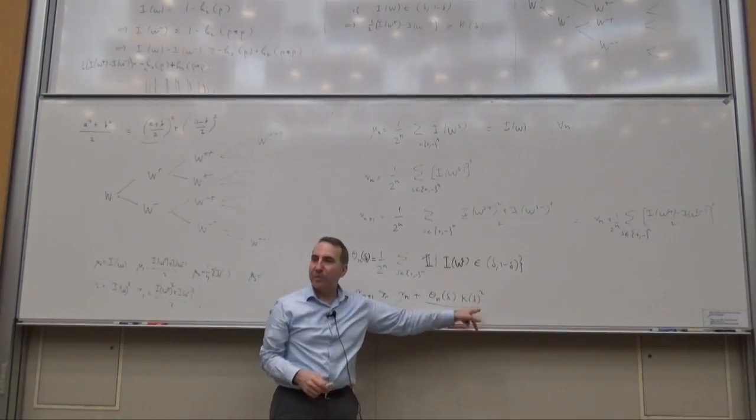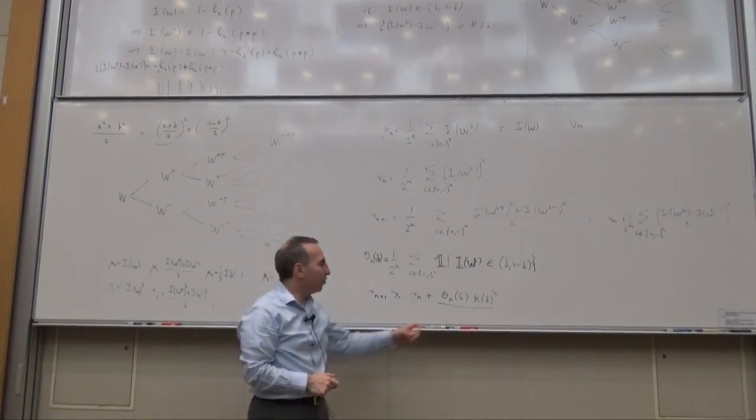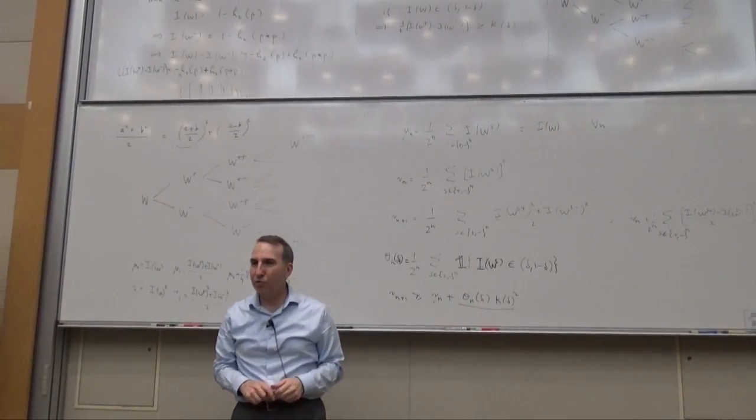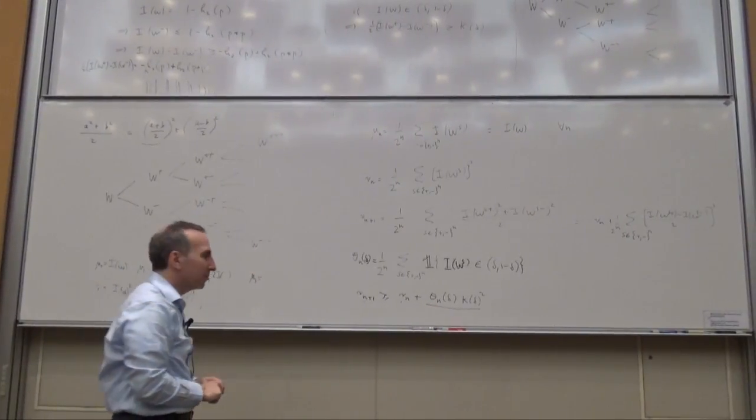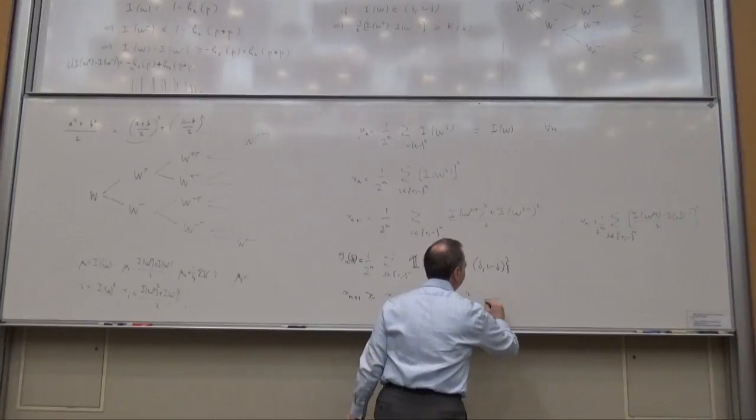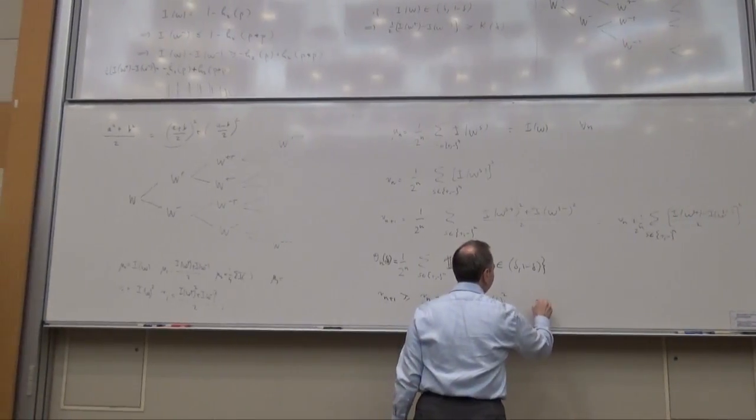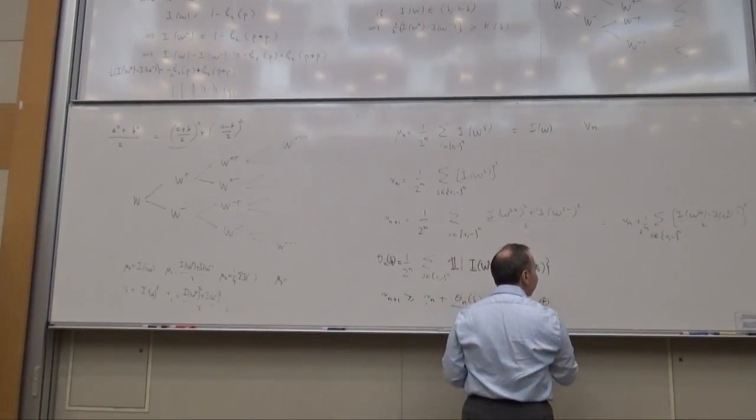This is a constant, it does not depend on n. The only way that it goes to 0 is that theta n goes to 0 as n gets large. So consequently, we write this thing now.